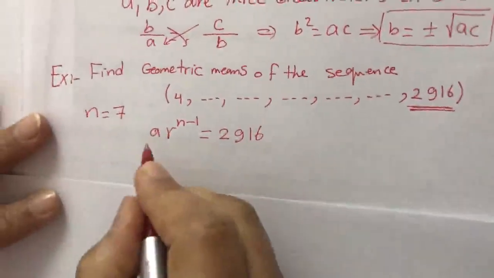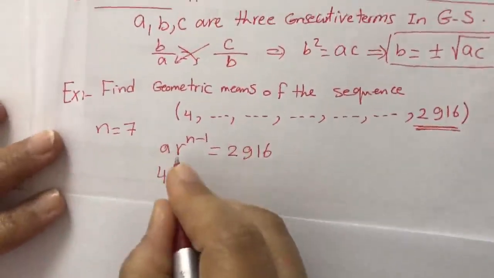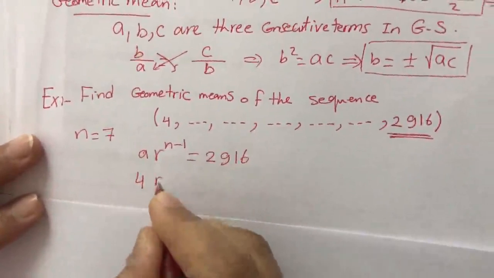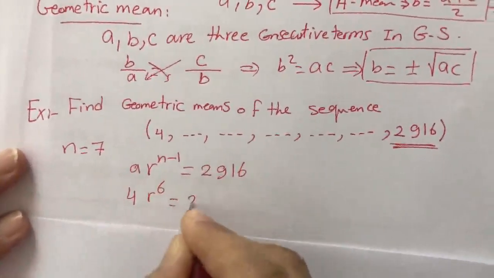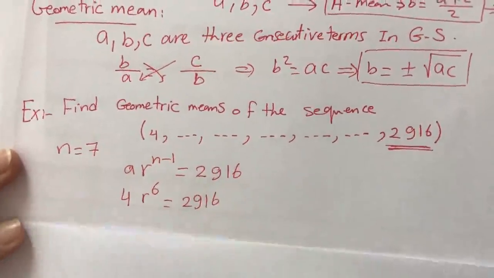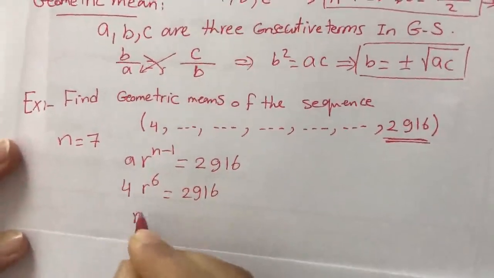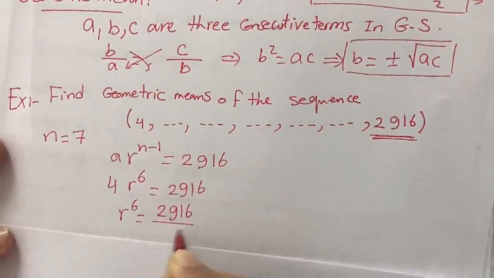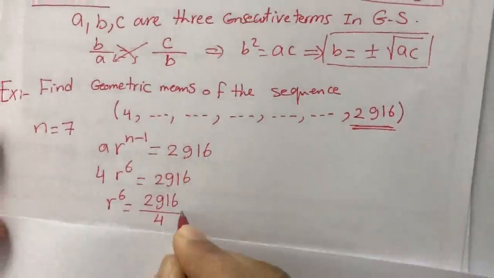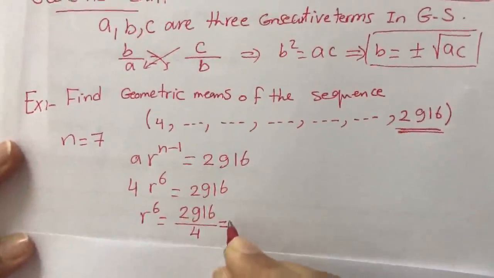So here A equals 4, and I have R, I don't know it, with n minus 1 being 7 minus 1, which is 6, equal to 2916. So R power 6 equals 2916 divided by 4. You can use your calculator to find it.